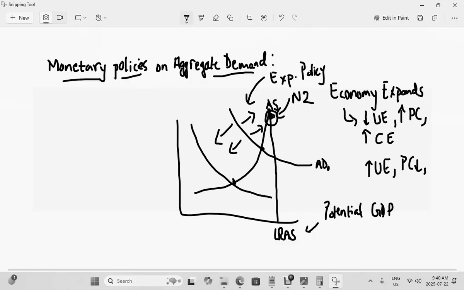So personal consumption goes down and your capital expenditure goes down, which means business spending goes down. If business spending goes down along with personal consumption, both of these make up aggregate demand and real GDP, which means if they're reduced, your aggregate demand will be reduced as well, and real GDP will be reduced as well, which means an economic contraction. This is an economic contraction.